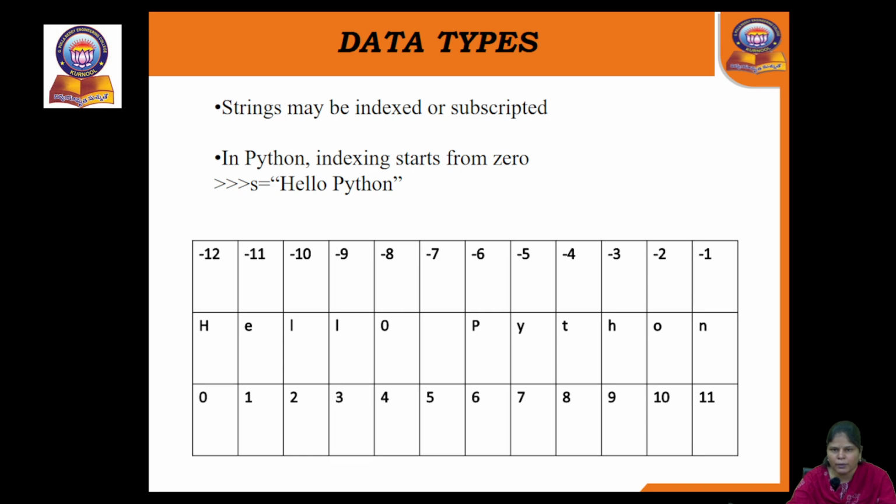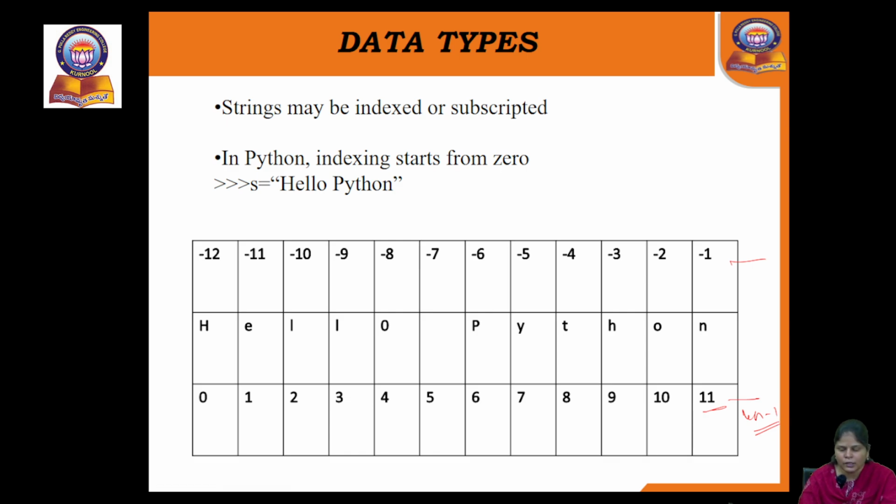Here in Python we have two types of indices, positive index and negative index. The positive index starts from the first character of a string and goes up to the last character. The starting of the positive index will be 0 and the last character index will be length of the string minus 1.